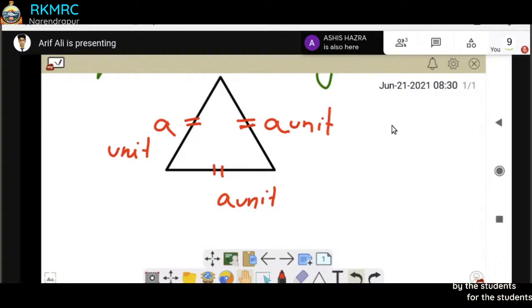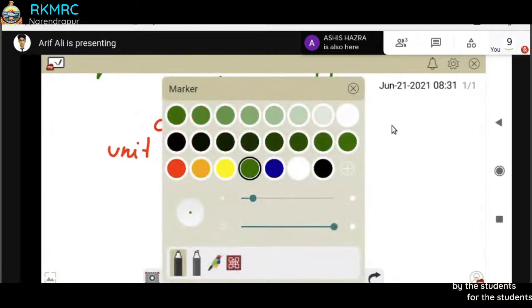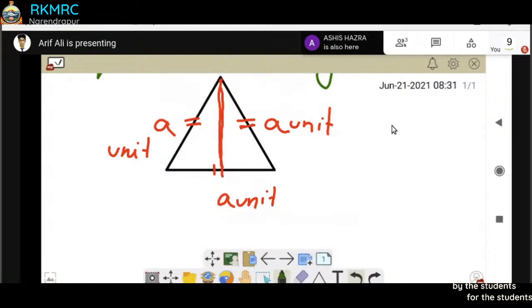So, if you are asked to calculate area of this equilateral triangle, there is a formula. If you are asked to calculate height, this is your height, this is your height, and this height bisects these two sides equally.